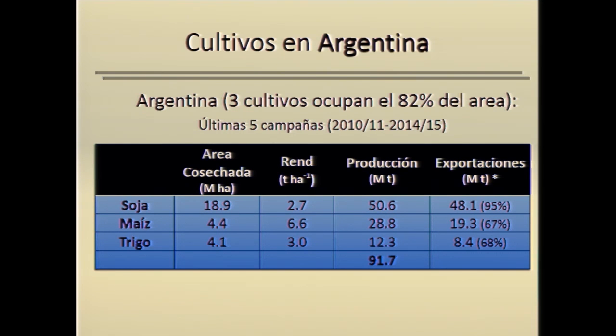I will present findings for corn, and then we are going to present general findings for these 3 main crops in Argentina. In the past 5 years, soybean, corn, and wheat show mean yields. You can see it for each of them, the amount of kilos per hectare.